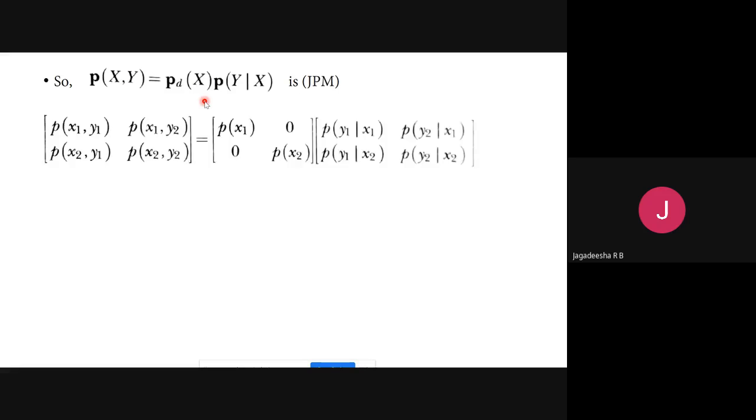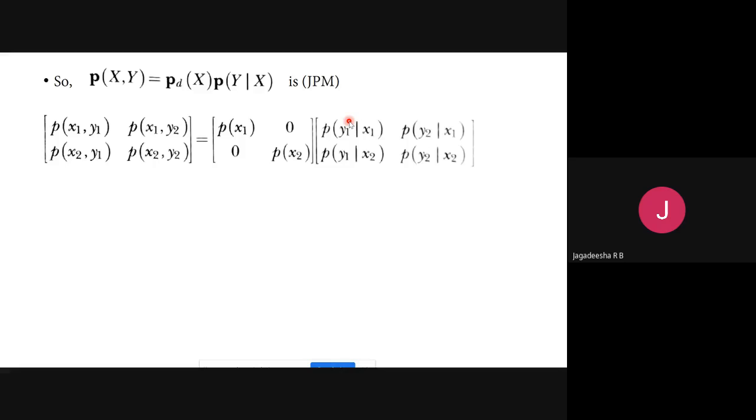So yeah, this is the relation that we have seen. How to write that? I mean, the joint probability, how to write it? x1 y1, x1 y2, x2 y1, x2 y2. That is this term I'm writing here. That's equal to the diagonal matrix multiplied by the channel matrix, right?